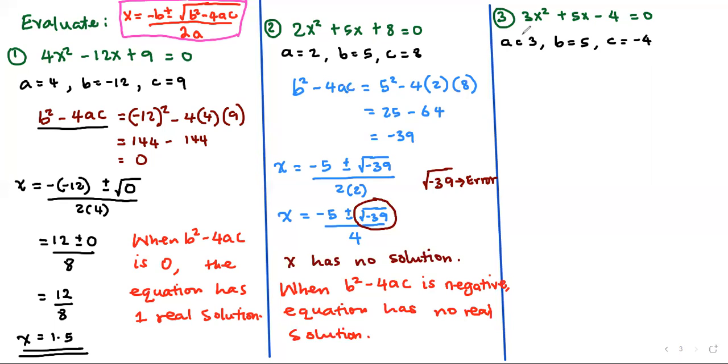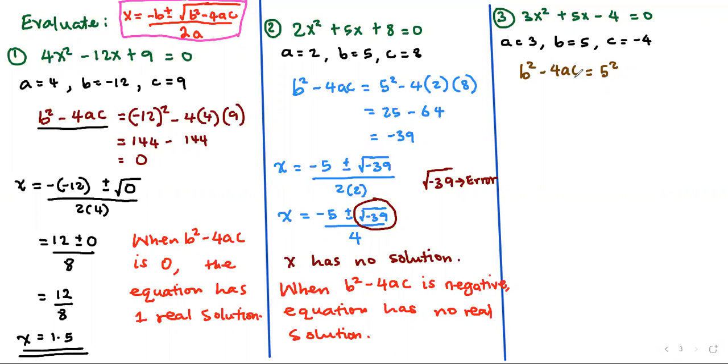Okay, now let's look at part 3, and this will be our last part. For this part, let us have b squared minus 4ac. For b squared, we have 5, so that will be 5 squared.